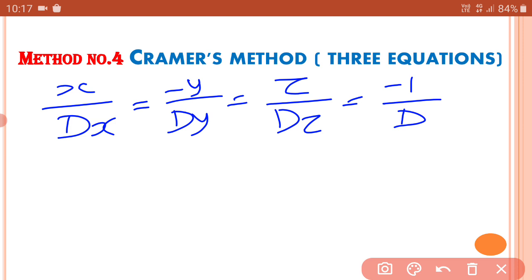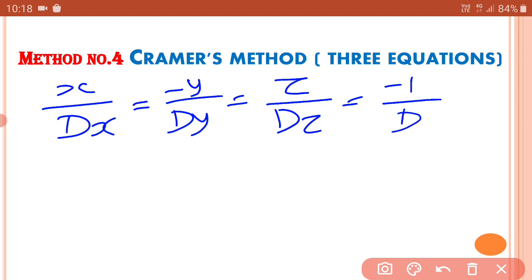Okay, and the signs here are plus, minus, plus and minus. All of you know this sign is very important. In x plus will come, in y minus will come, in z plus, then minus 1. Okay, so plus minus.